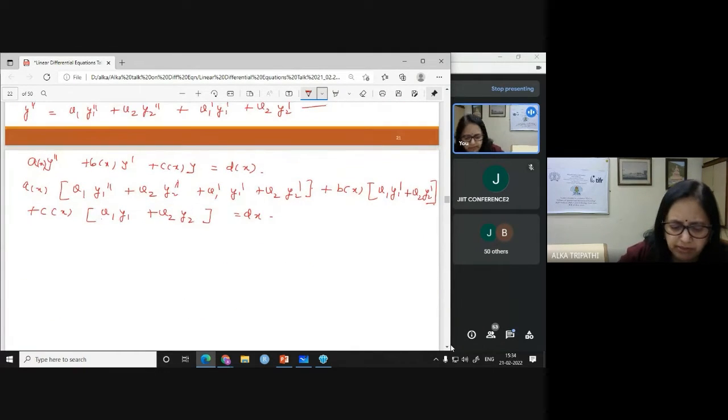Let us simplify this. If we simplify, let me take the y1 double dash and y2 double dash parts on one side, or the v1 dash and v2 dash parts at one point, and let us see what we are getting. Simplify this one and tell me what you will be getting.